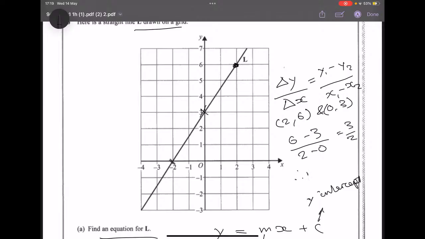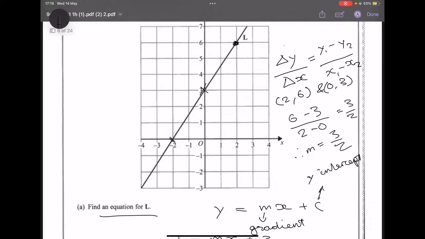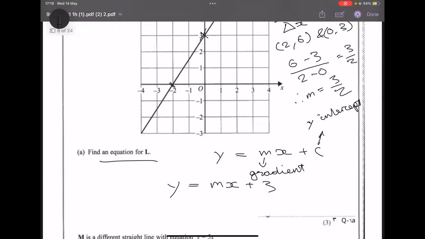Therefore, our gradient m equals 3 over 2. Now, over here we just write y equals 3 over 2 x plus 3. That is our answer.